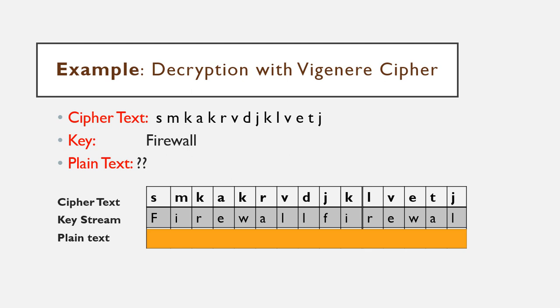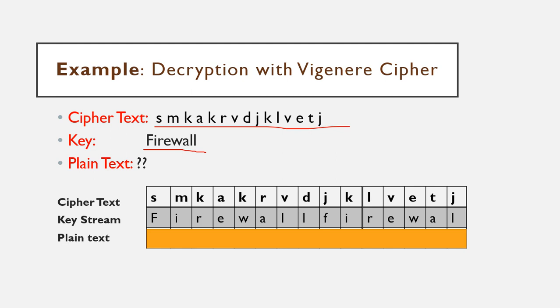Now how is decryption performed? Decryption, as we know, is performed at the receiver side. So the receiver will receive this ciphertext and the key, and the receiver has to recover the plain text or the message from this ciphertext by using this key.